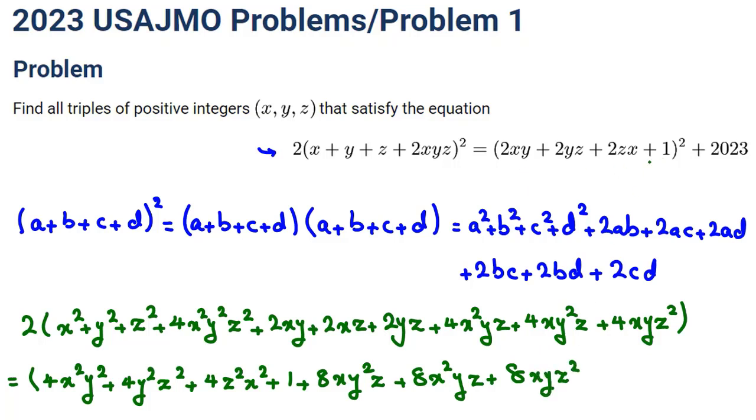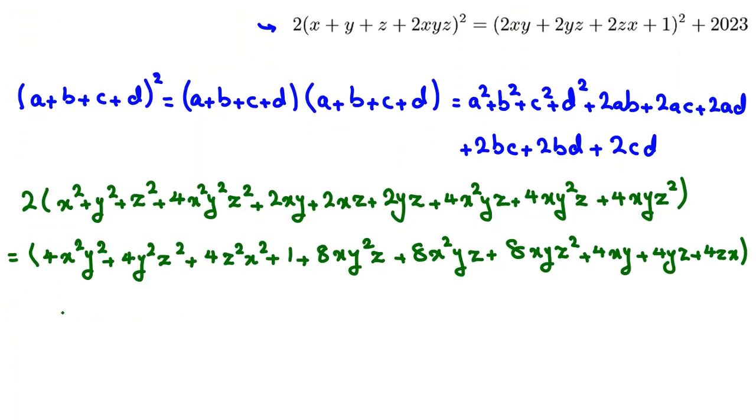Then plus 2 times this, 4xy. This times this, 2 times that, 4yz, 4zx. One term is left, plus 2023.